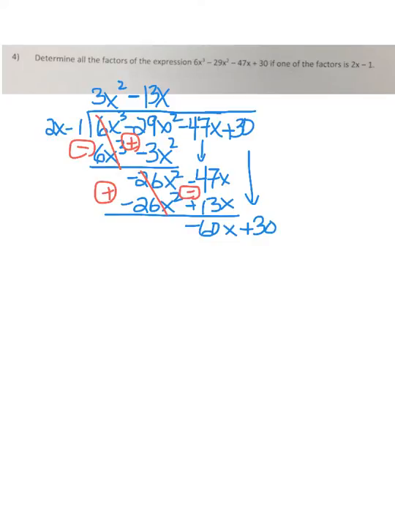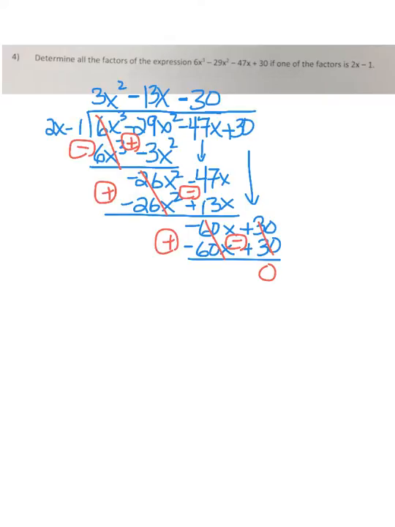That 2x is going to have to get multiplied by a negative 30, and let's distribute that through. That's going to be negative 60x, and that's going to be a positive 30. Well, that works out very nicely for us, because remember, we have to change and circle, and everything cancels out, so we have no remainder.